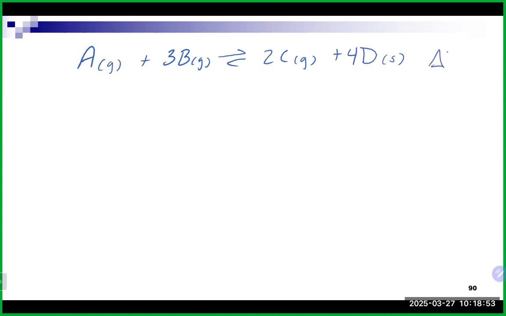So if we had, we'll do this, and we'll do delta H is negative 125 kilojoules.